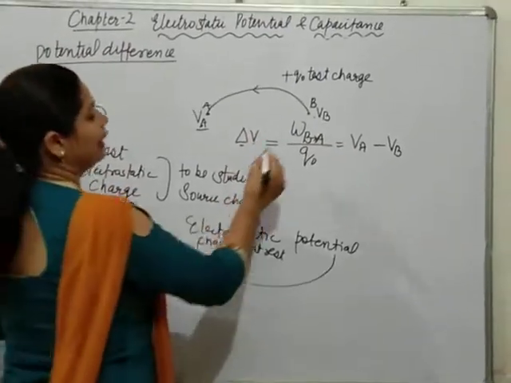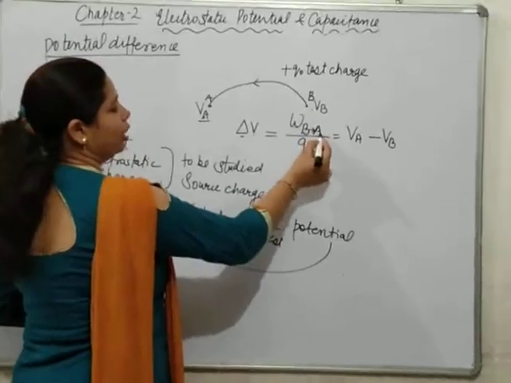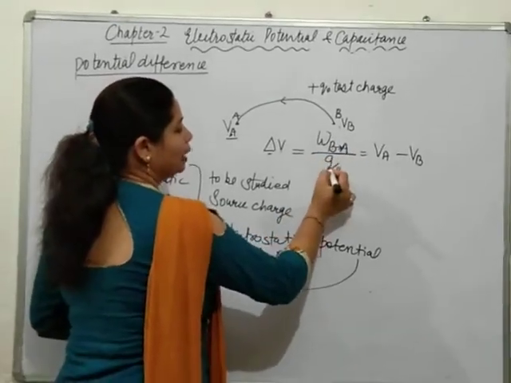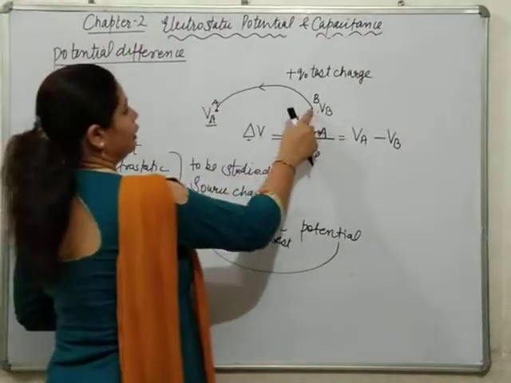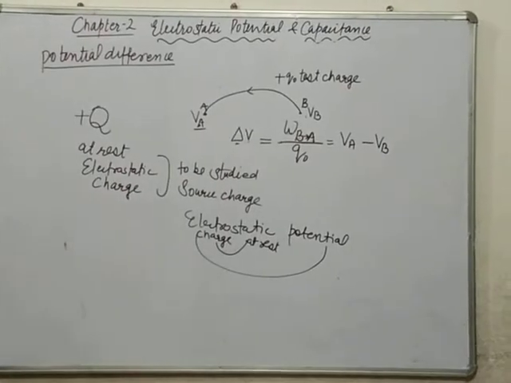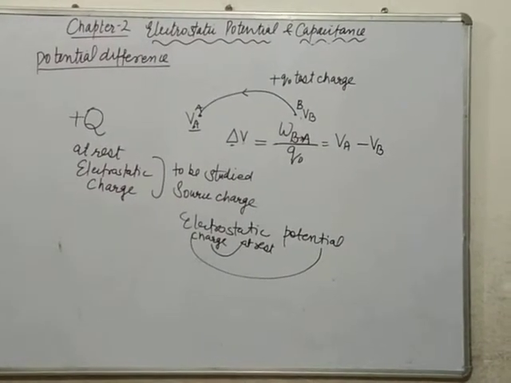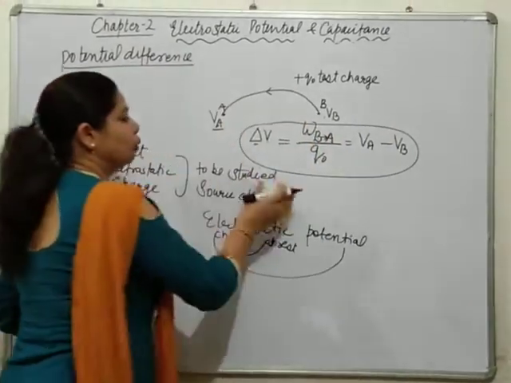It may be defined as the amount of work done to move the charge from the first point to the second point per unit charge. As we know, potential difference is final minus initial. The statement is not complete up to now, but you have to keep this in mind so as to move further.